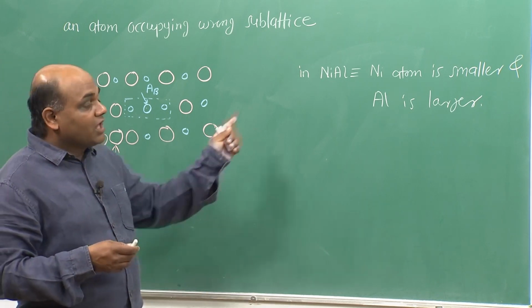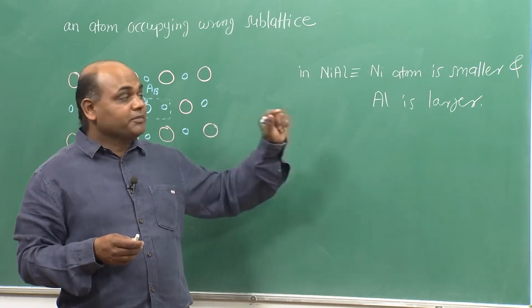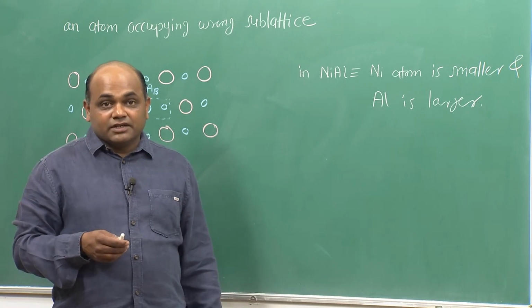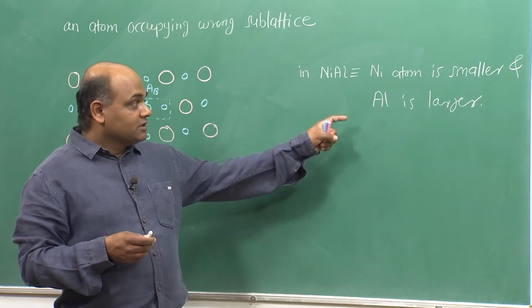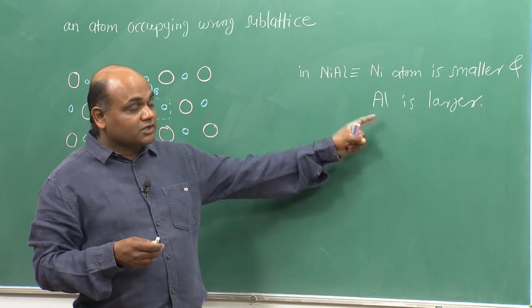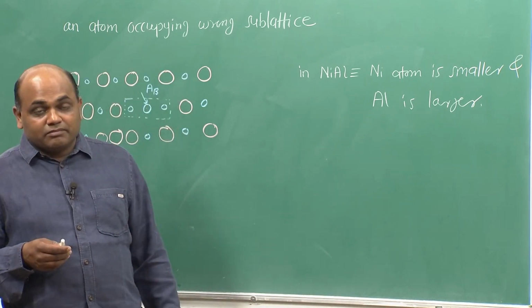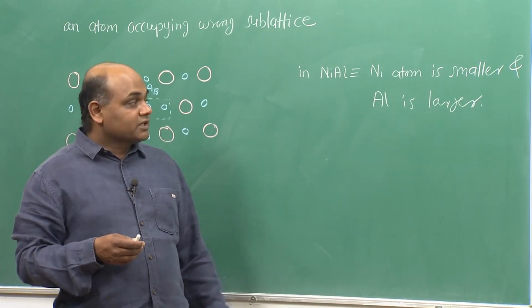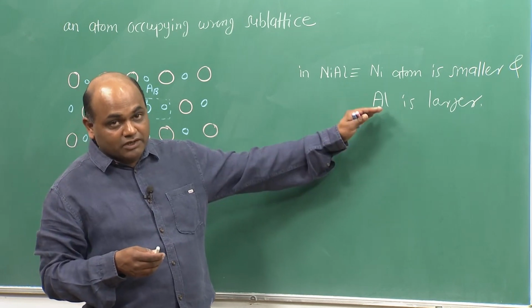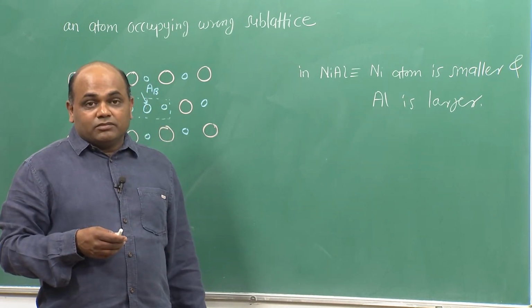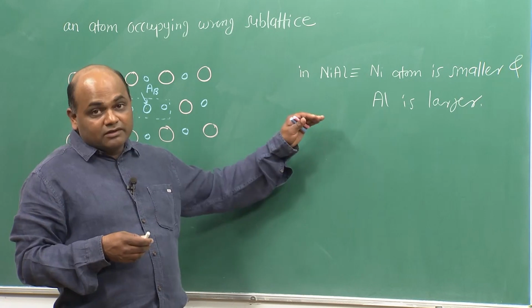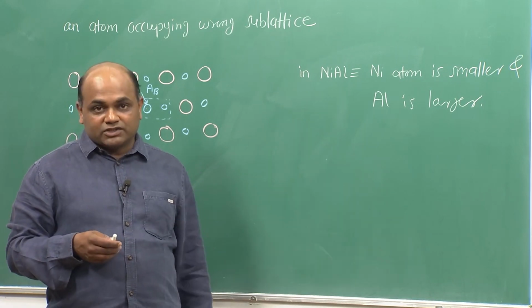However, on the aluminum rich side, the formation of aluminum antisite is a very high energy event. So, the equilibrium concentration of aluminum antisite will be much lower. So, the extra aluminum, that is the off stoichiometric aluminum, will be accommodated by formation of nickel vacancies.